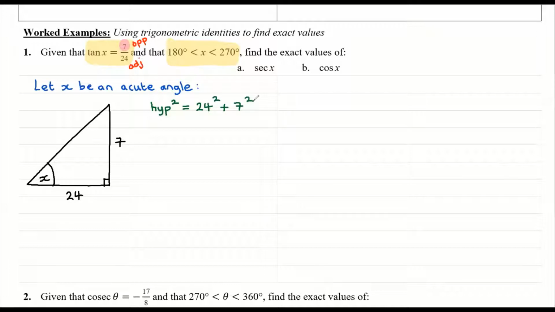If you do that, you'll discover quickly that this is 625. So therefore, the hypotenuse must be the square root of that, which is 25. So this is a triple, okay, if you didn't recognize it. So let's label that on there. So this is 25, just from doing a bit of Pythagoras' theorem.